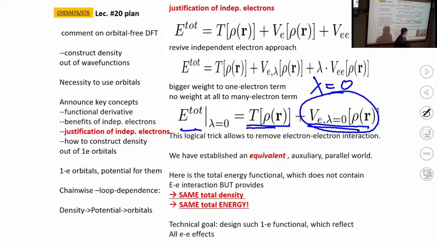And it will be a different lambda. So we are coming closer to the quantum theory, to the density functional theory. The only thing that we didn't resolve yet is kinetic energy.